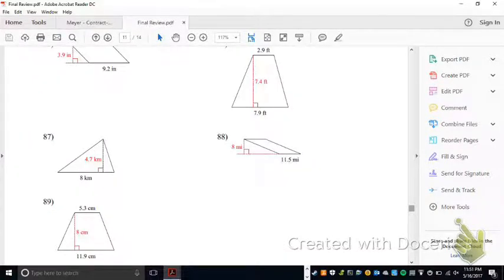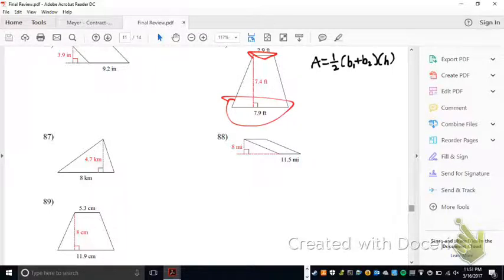For number 86, the area of a trapezoid is 1/2 times base 1 plus base 2, times the height. Now the bases we're talking about here are the parallel lines. It is still a quadrilateral, as are the parallelograms, but here it only has one set of parallel lines. The reason that base times height works on any parallelogram is because it has two sets of parallel lines.